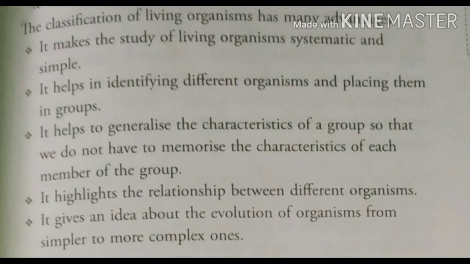And suppose I find an animal which has similar characteristics to a lion or tiger, or has the characteristics of the cat family, then I'll place that animal under the cat family, because my study of that particular organism becomes very simple.